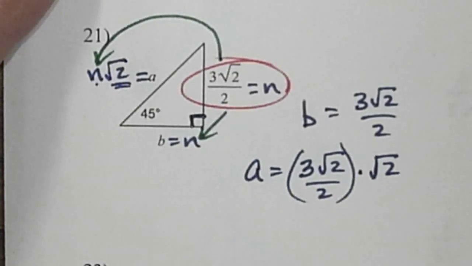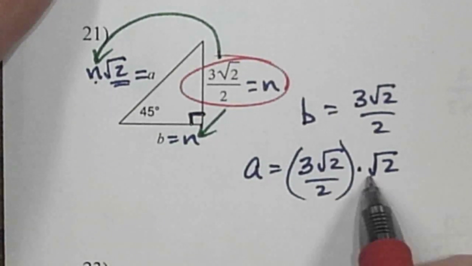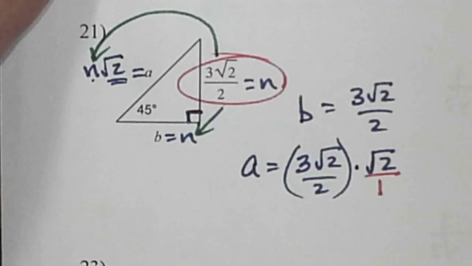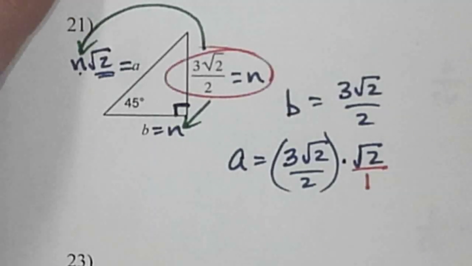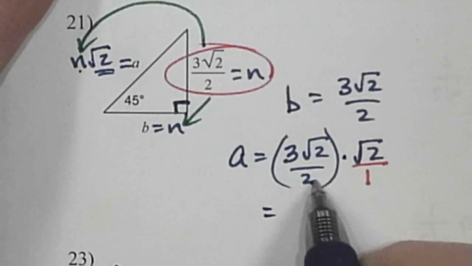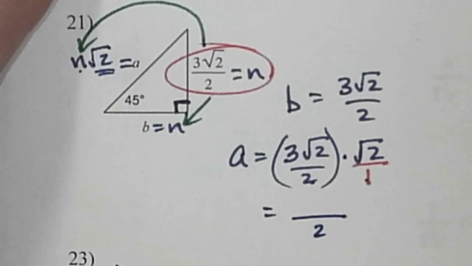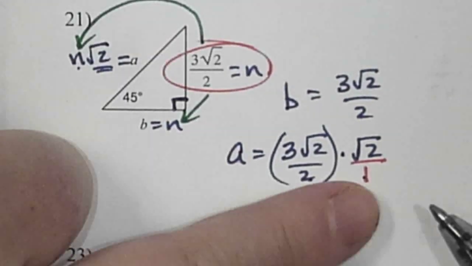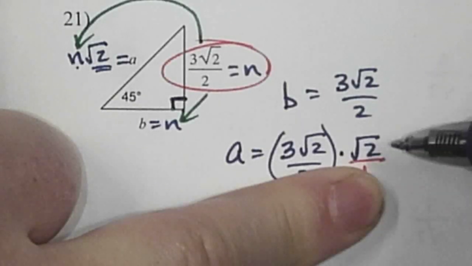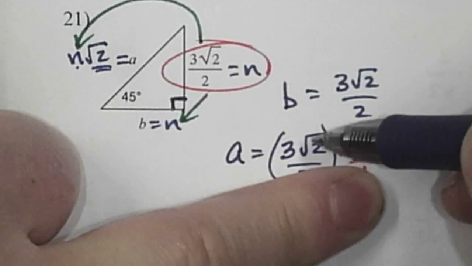Now we have to work this out. If I have a fraction times something, I like to make the other thing look like a fraction. Helps me visualize. But if I'm multiplying, the denominator of this is the easy part. 2 times 1 is 2, so that's 2. The numerator, let's cover that up. The 3 is outside, and they have the square root of 2 times itself.